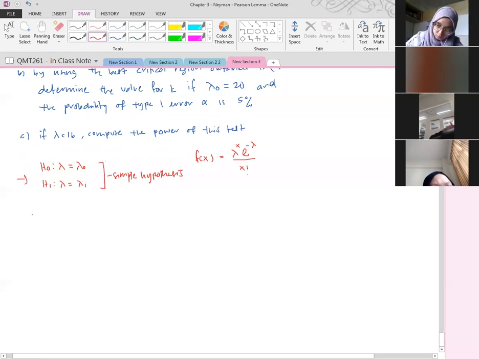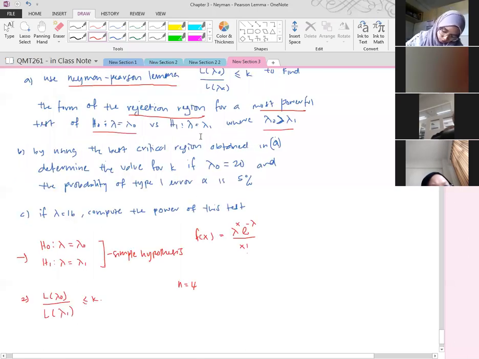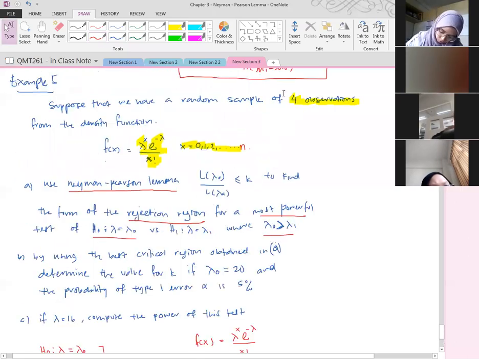Step number 2, we want to find the likelihood for lambda naught over the likelihood for lambda 1, less than or equal to k. Here we have n equal to 4, based on the equation, we have only 4 observations.